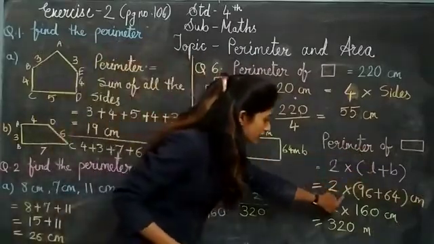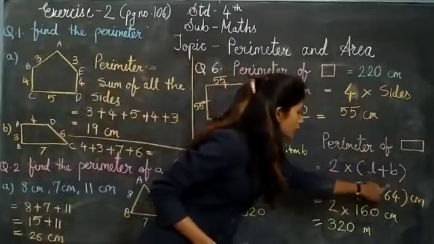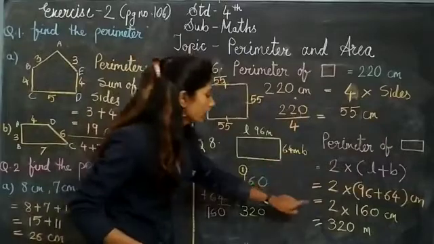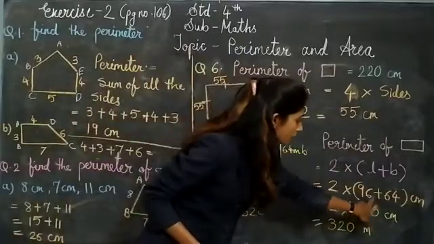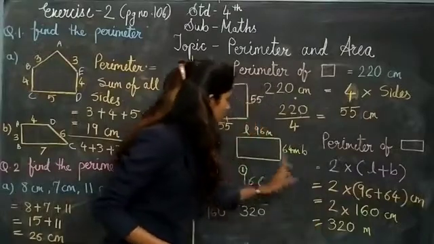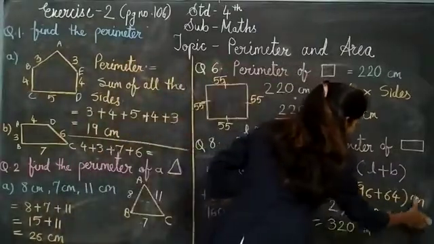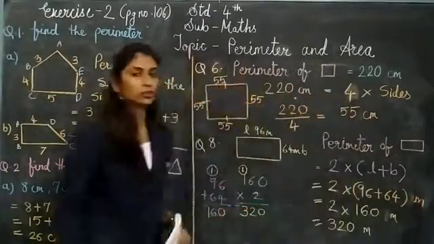Now 2 I have written as it is. This 96 is our length and this 64 is our breadth. Then 2 multiplied by 96 plus 64 is equal to 160, and then 2 multiplied by 160 is 320 meter. So this is your final answer.